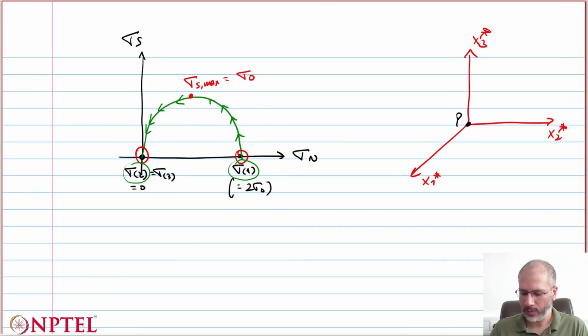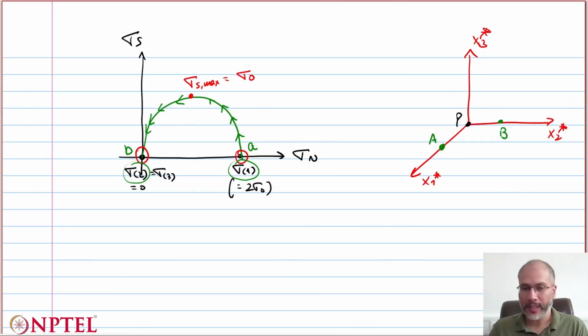So let's look at what sigma 1 and sigma 2 denote in terms of the physical plane. If I had my normal oriented along the x1 star direction, I would get this point. Let's call this small a. This is capital A. And if I had my normal oriented along x2 star, that will be the point B, which is this point here.